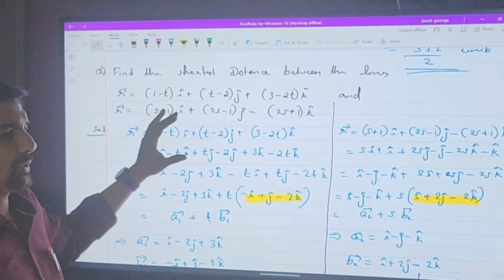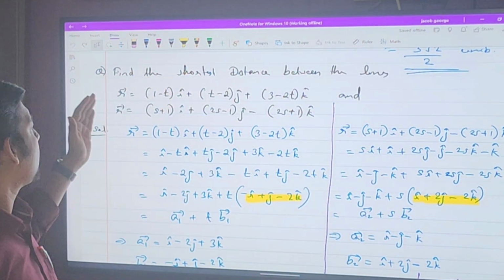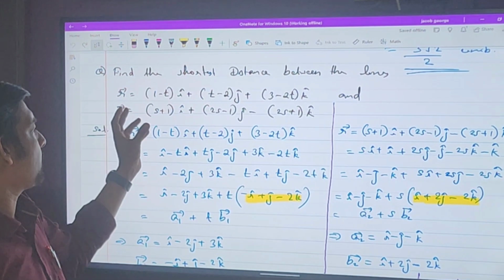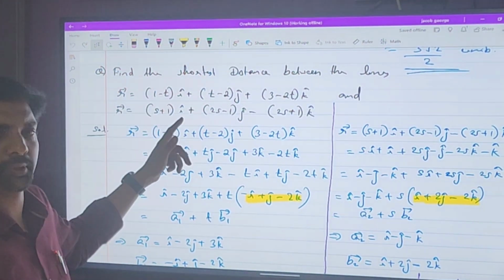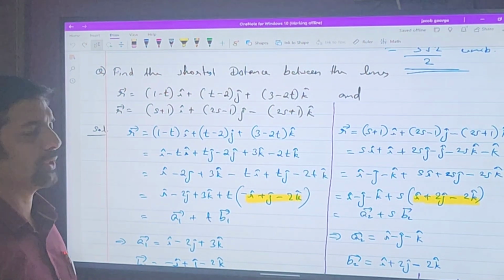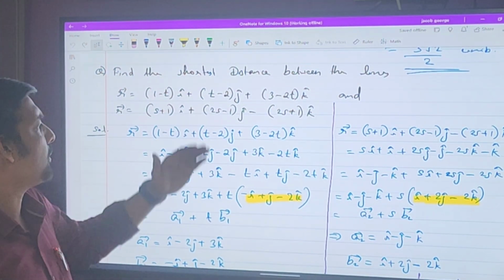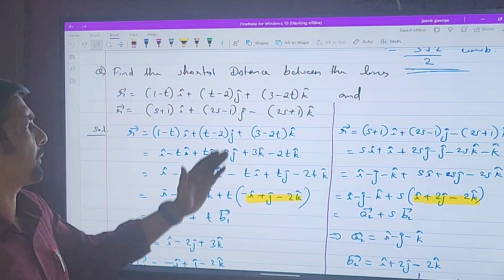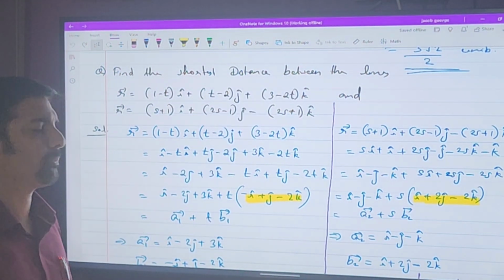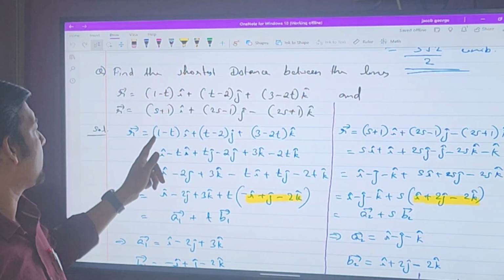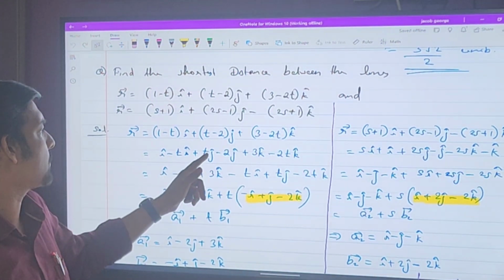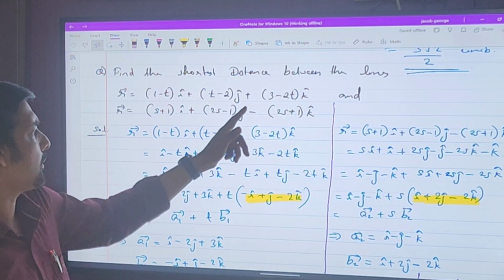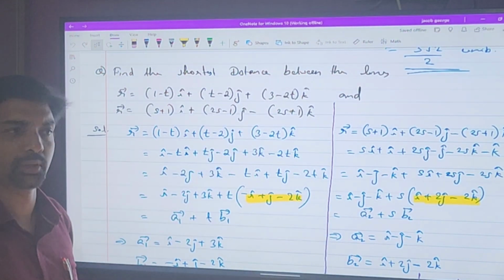Look at another question. It is a combined form. In the last question we could separate it out, but this question is in combined form. So we have to open the bracket like this: 1 minus t into I cap plus t minus 2 into j cap plus 3 minus 2t into k cap. When you open the bracket, we get 1 I cap minus t I cap plus t j cap minus 2 j cap plus 3 k cap minus 2t k cap.